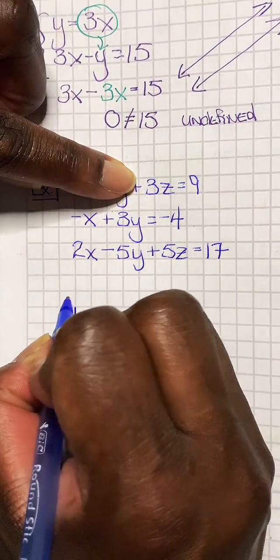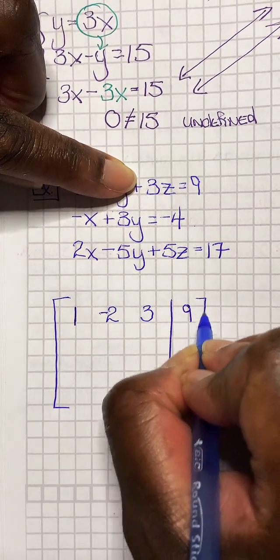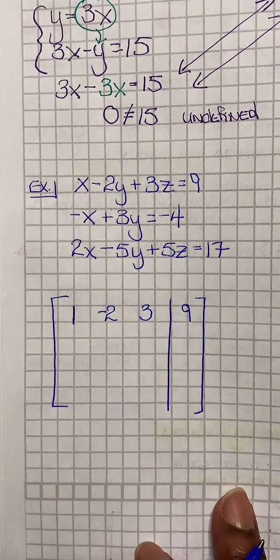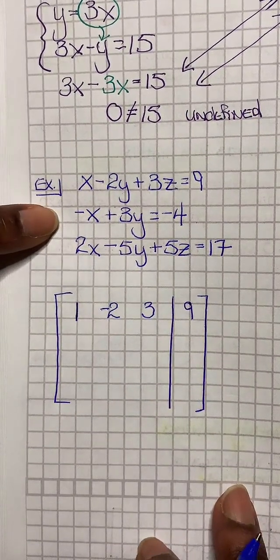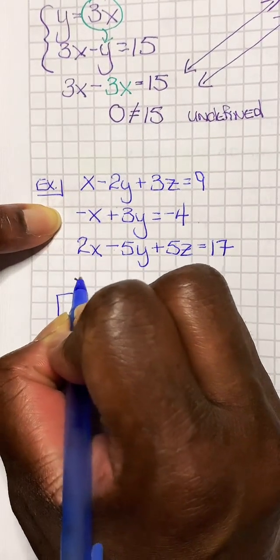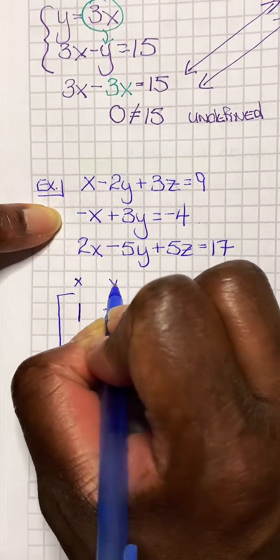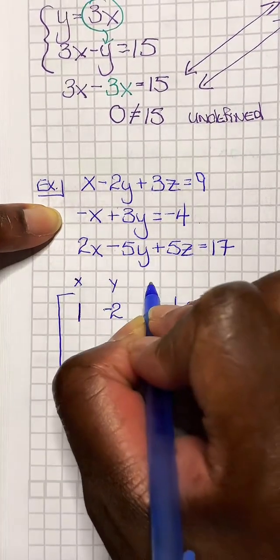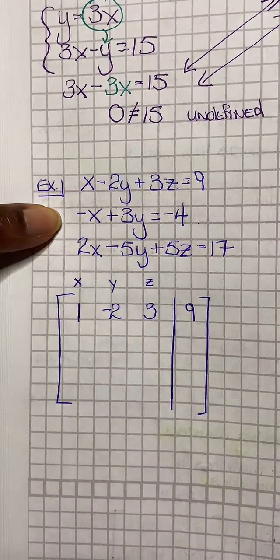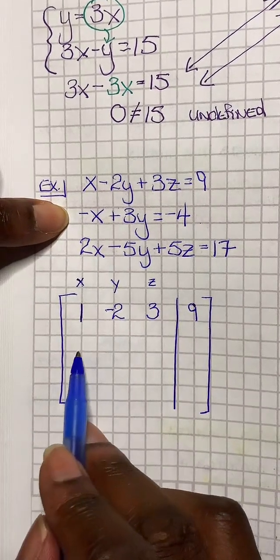Okay, so this is going to be my matrix. So far so good. All we're doing is taking the coefficients. So my first column is going to be my x's, my second column is going to be my y's, and my third column is going to be my z's. Now, second row, here we are.